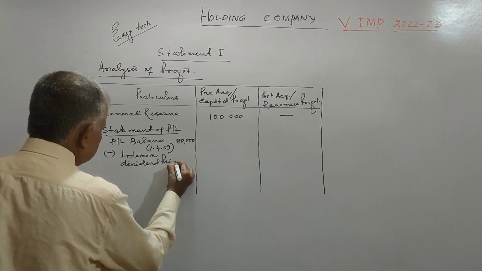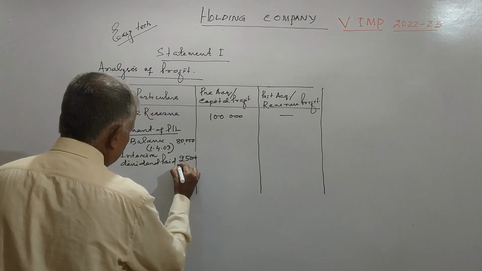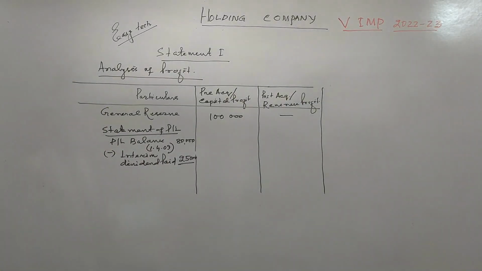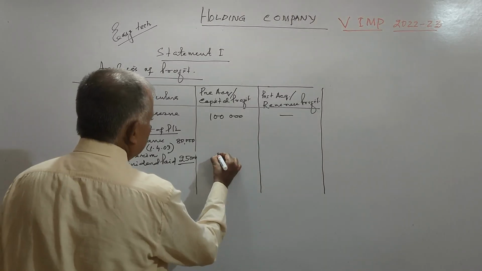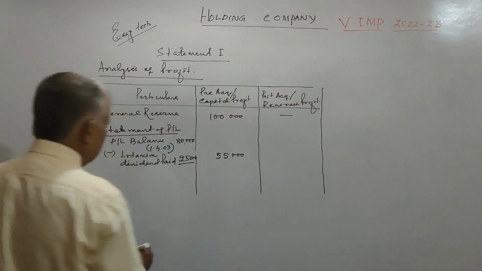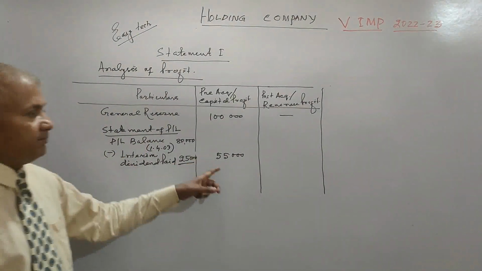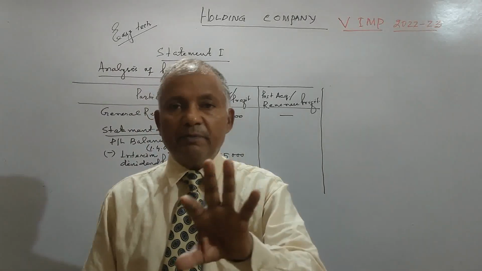The dividend is already paid, 25,000. So your 55,000 is the pre-acquisition profit. Then from 55,000 the closing balance is 1,50,000.